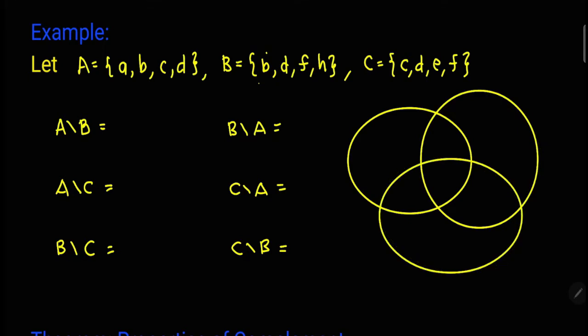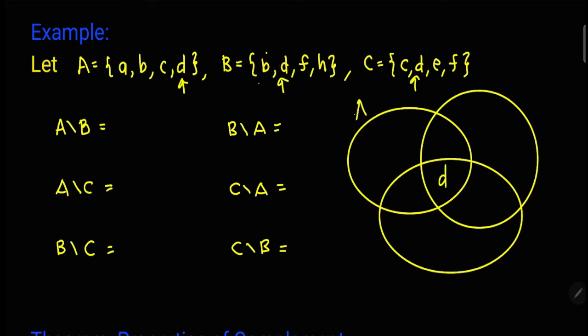So A, B, C, D are the elements of A, but we know that A has elements common with B. So looking at our sets, we can see that the letter D appears on all the three sets. So we write D inside the intersection of the three sets.